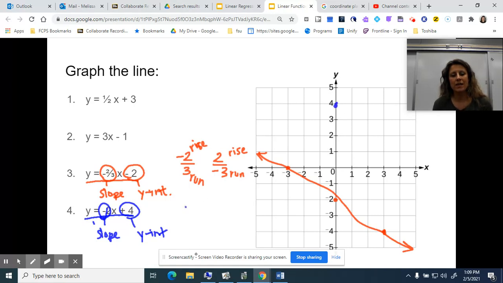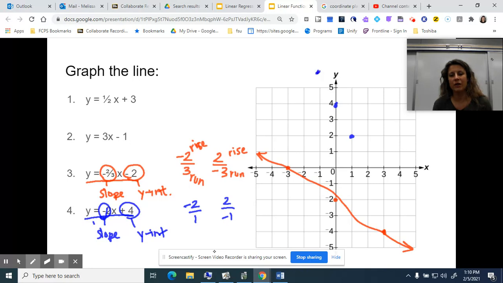My slope is -2/1, or I could put the negative sign with the denominator instead. If my rise is -2, that's down 2. My run would be +1. Or I could do +2 as the rise and -1 as the run.